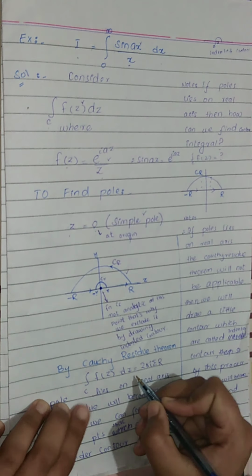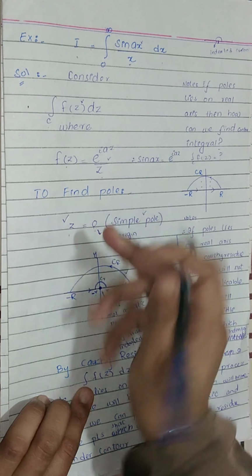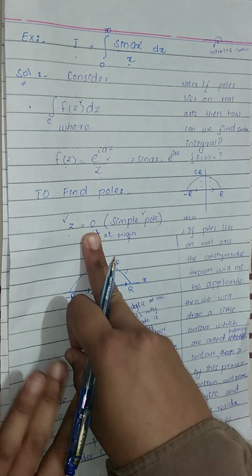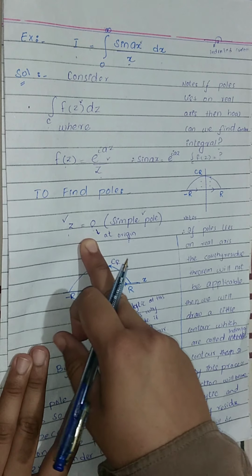Now we have just one pole, and that is z equal to 0. Except this, we have no pole.